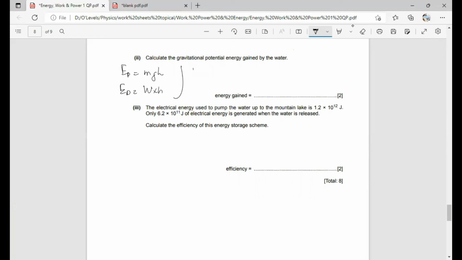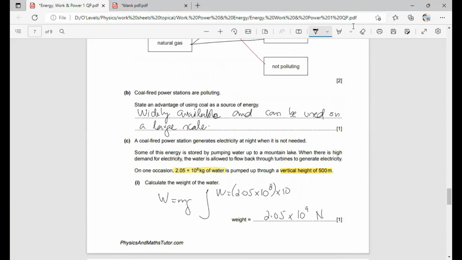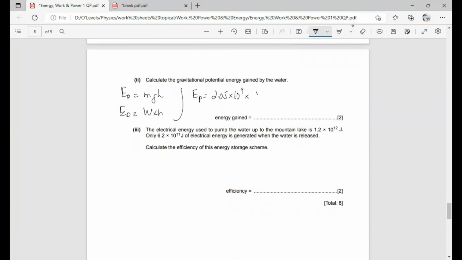So we have the weight, 2.05 × 10^9, multiplied by the height, 500 meters. So 1.025 × 10^12 joules.